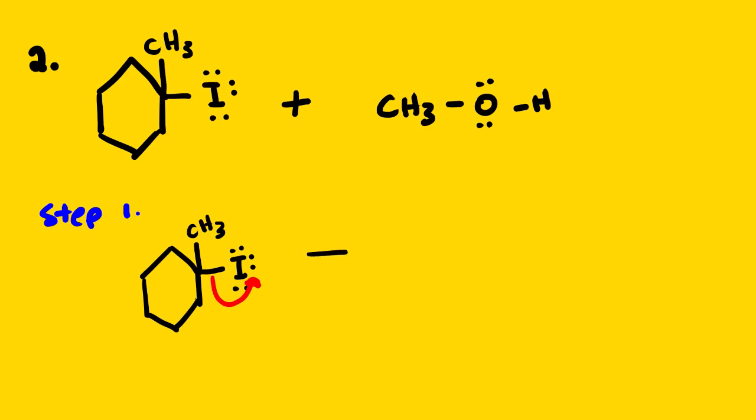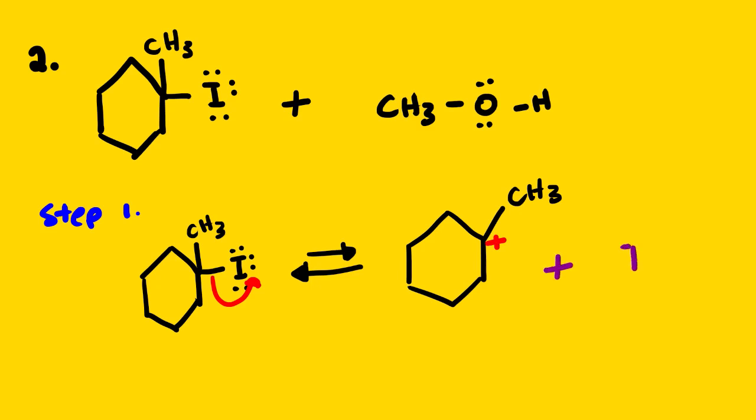Then you set the forward reaction, normally it is less than the reverse reaction. And we have our carbocation here, plus our leaving group.